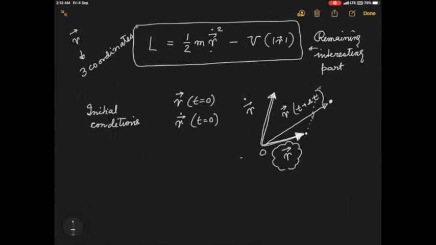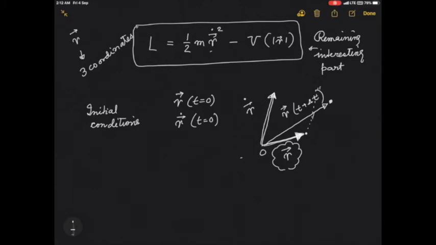And now you can argue this way. If you simulate the next time step, you will again see the particle will stay in that plane. So that essentially means that this particle will always stay in this plane. Okay, and that tells you that this comes from a symmetry in the Lagrangian, which I am not exploring directly.